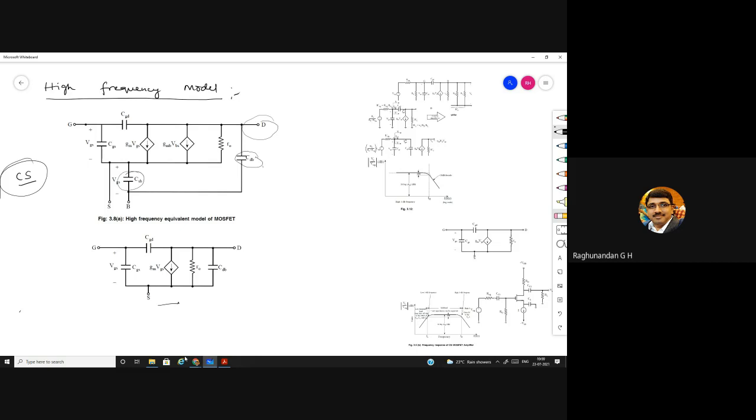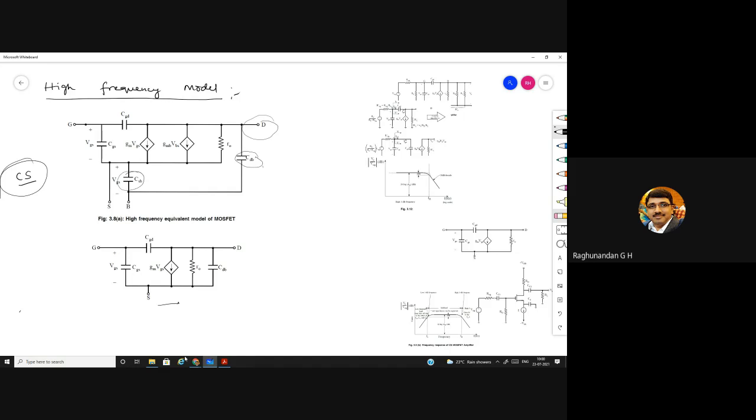And as I was asking you, is there any current that will be flowing across the junction along with this forward bias current, that is VGS. See, there will be some small amount of current flowing with respect to the body or the substrate and with respect to the source.